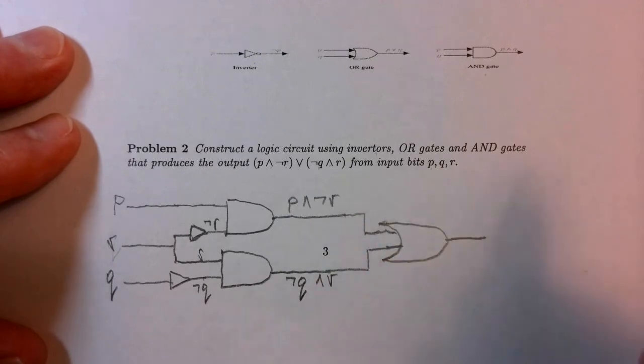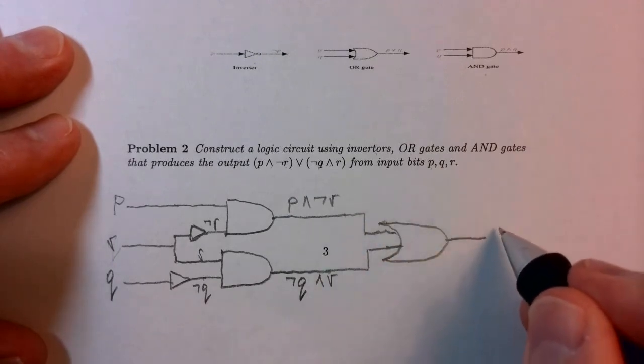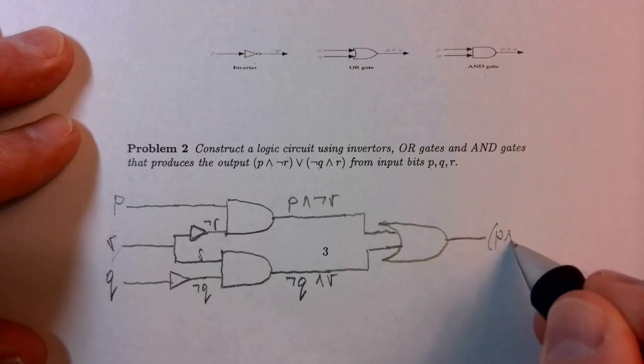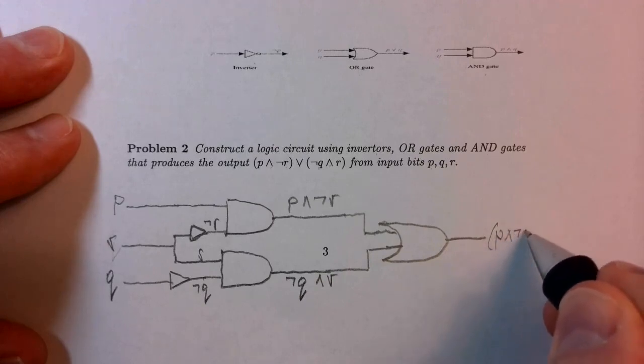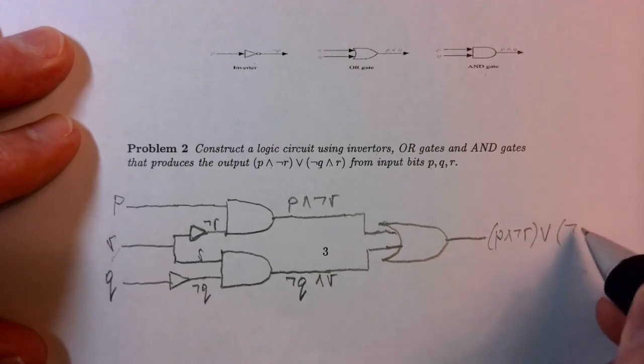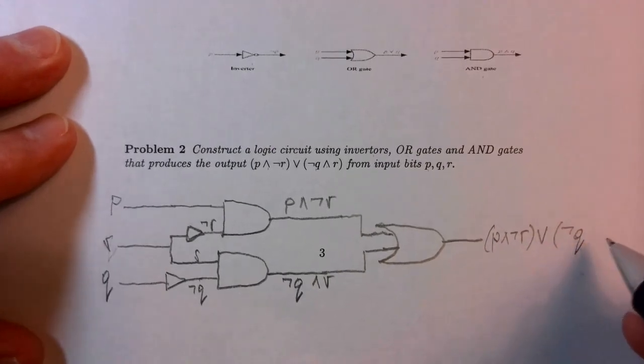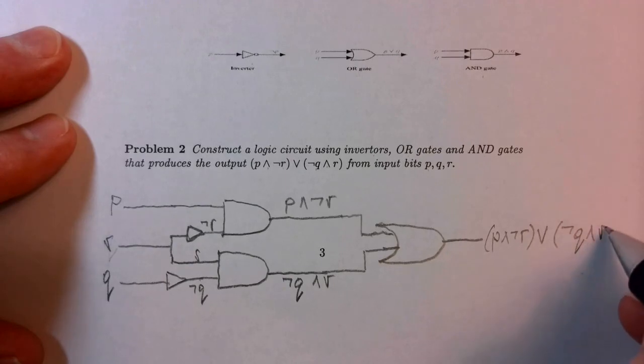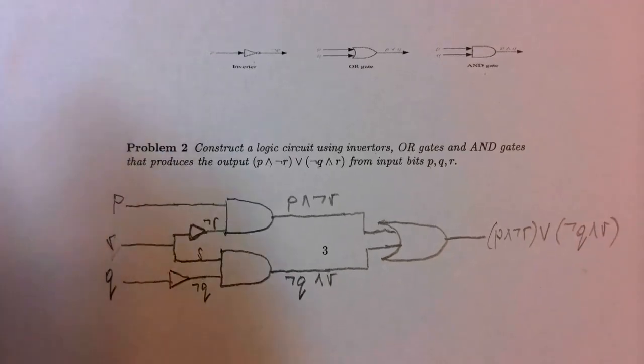And here I have P or P and not R, or not Q and R. Okay.